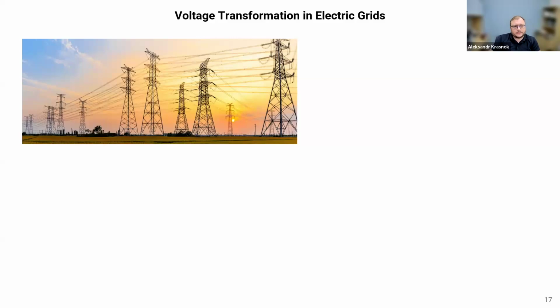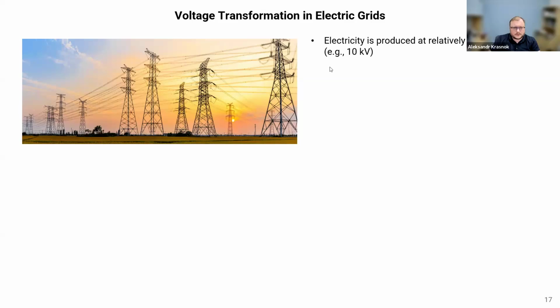in electric grids, right? So how is a typical electric grid arranged? Typically we have some sort of a generator. This generator can have several phases. It doesn't matter here.